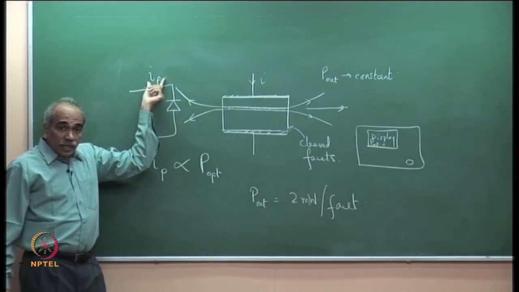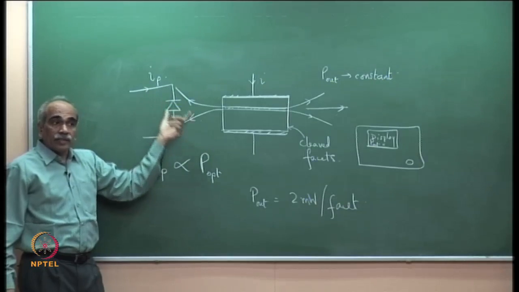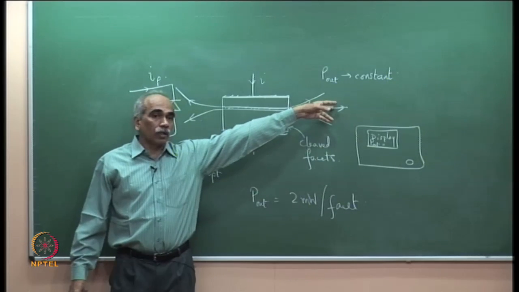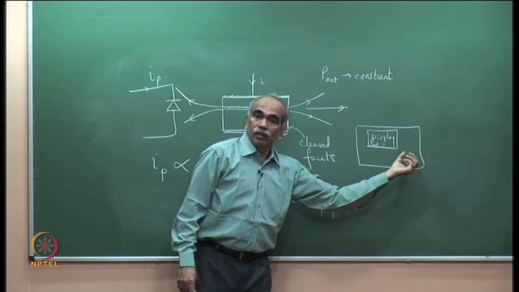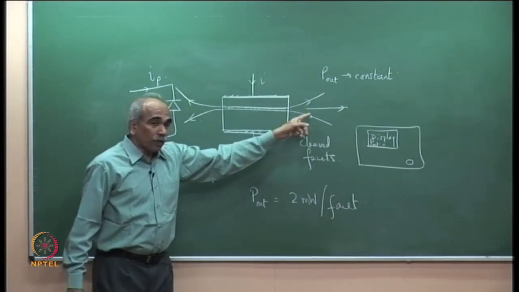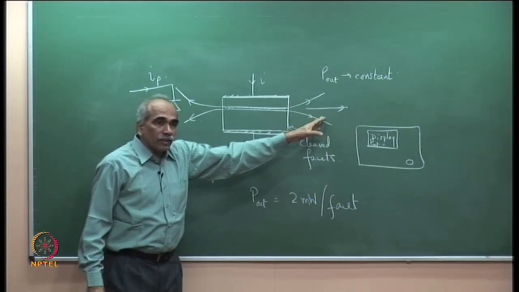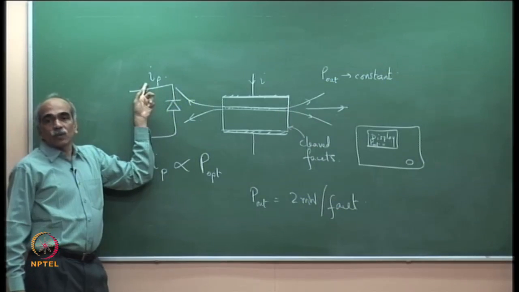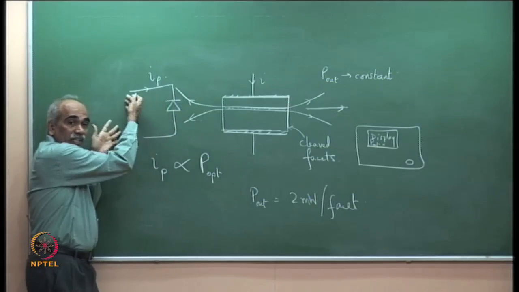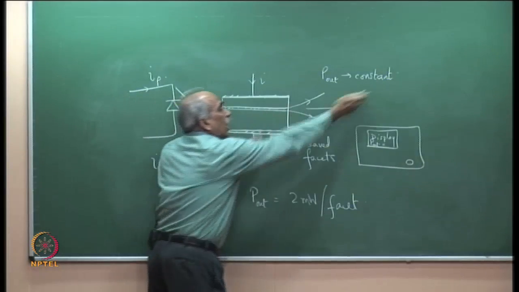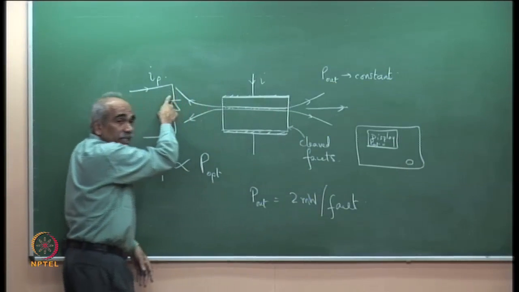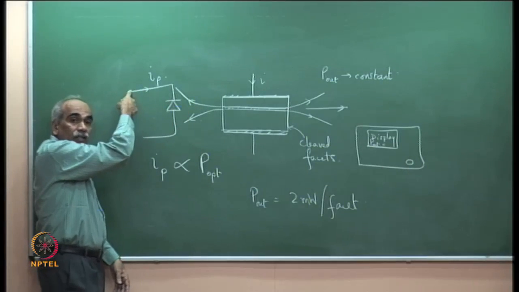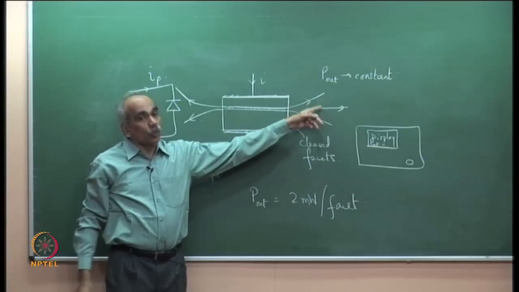If the monitor current starts dropping, it tells you that the output is dropping even without measuring separately what is the output coming from here. So, the output power is constant if the monitor current is constant. So, this monitor current is independent of the output which is coming from the device. So, by monitoring this current, you can find out what is the output.